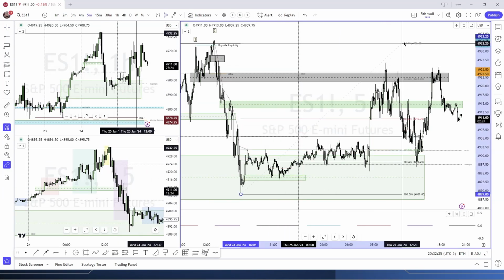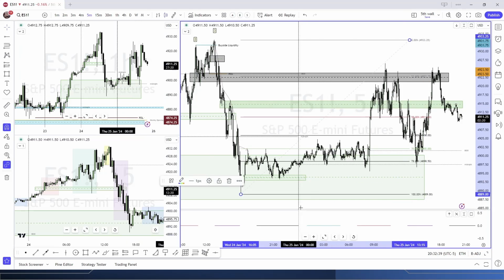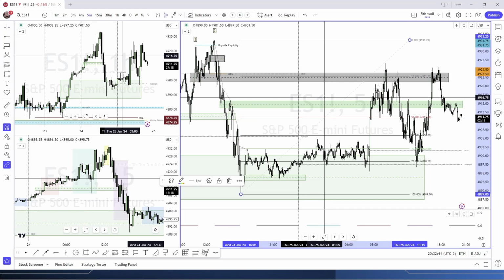So one thing about high probability trades is that you want to get in, same as with overbought, oversold indicators like the RSI or stochastics or MACD, modified MACD, whatever.